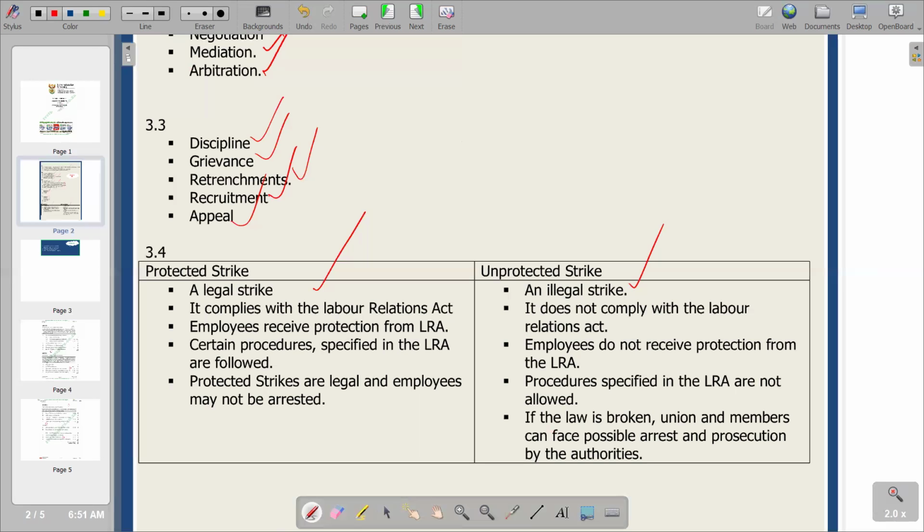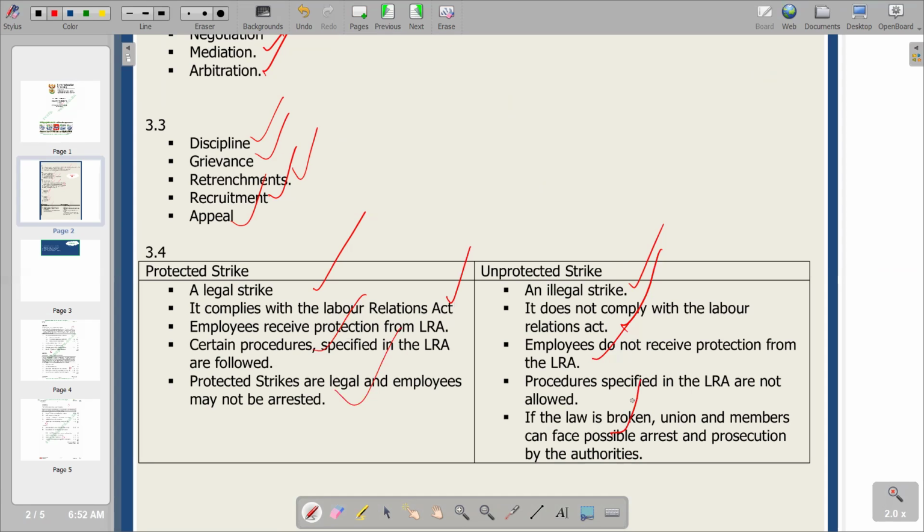Then a protected strike complies with the Labor Relations Act, and an unprotected strike does not comply with the Labor Relations Act. Under a protected strike, certain procedures specified in the Labor Relations Act are followed, whereas in an unprotected strike, employees do not receive protection from the Labor Relations Act. Then protected strikes are legal and participants may not be arrested, whereas under unprotected, if the law is broken, the union and members can face possible arrest and prosecution by authorities.